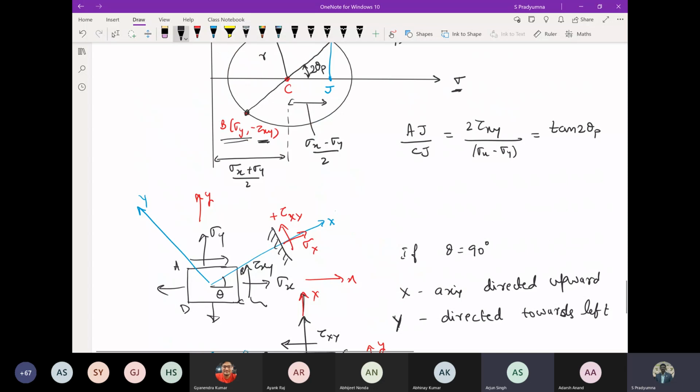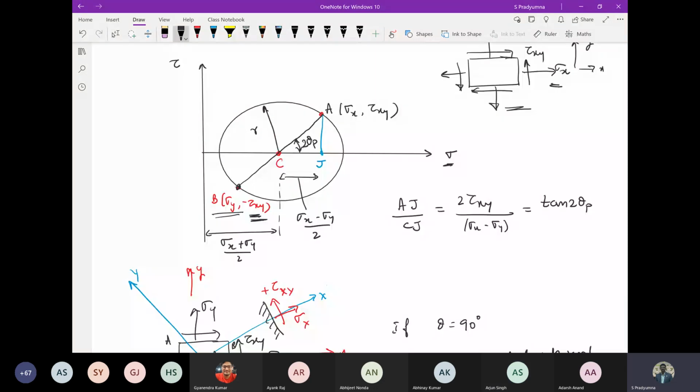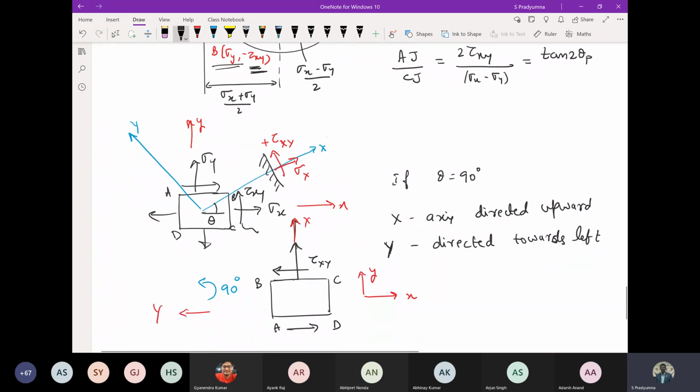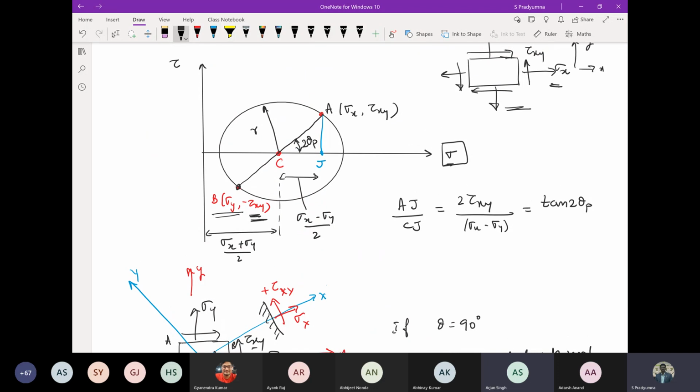So this is what we are writing here. So this is sigma for any particular orientation, and the value is equal to minus tau xy, right? That's why we are writing sigma y is equal to minus tau xy here.